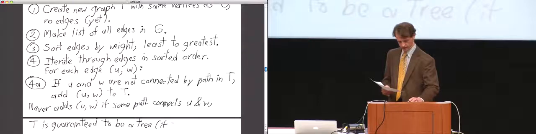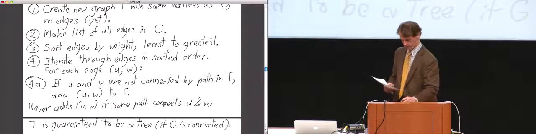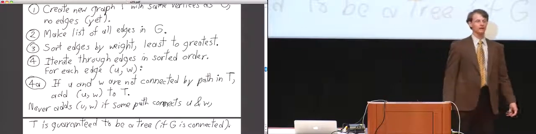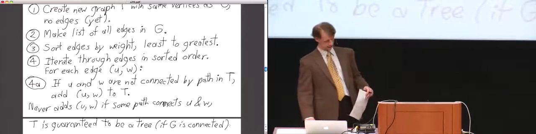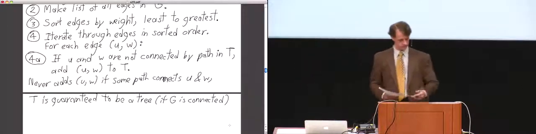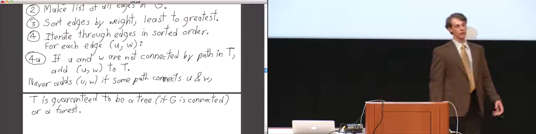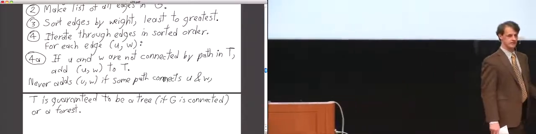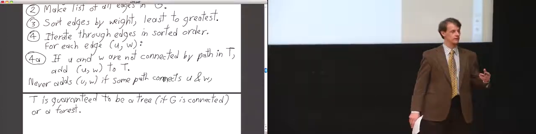Again, that's assuming that G is connected. If the input graph is not a connected graph, then T is guaranteed to be a forest. So what I'm really saying here is that T is guaranteed not to contain a loop or a cycle. We'll never add a cycle.